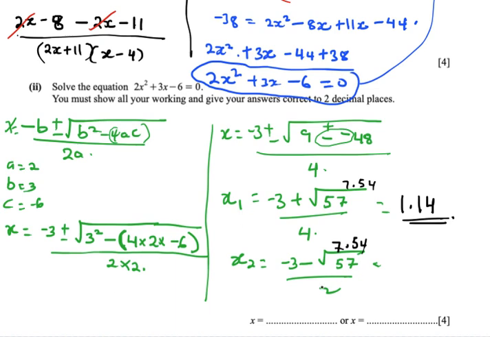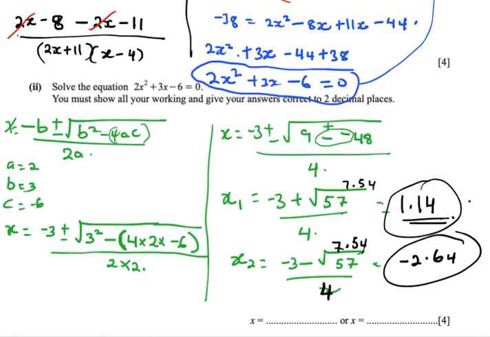Remember, this is over 4. See, you have to be careful. Divide by 4. So our answer here is negative 2.64, 2 decimal places. So these are the 2 values of x, negative 2.64 and 1.14.